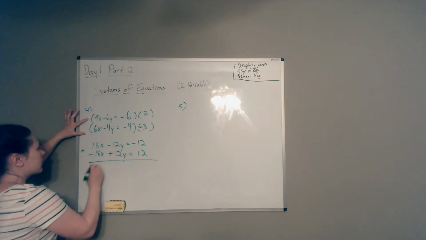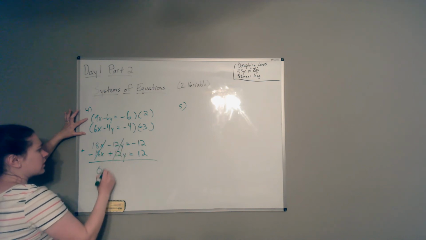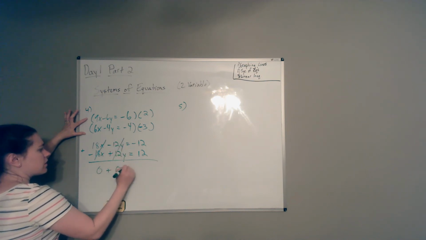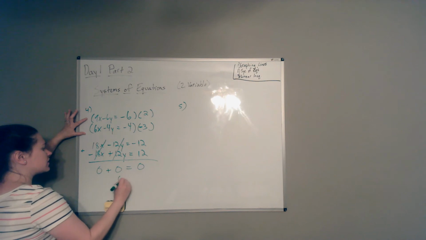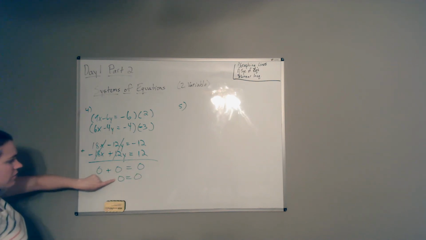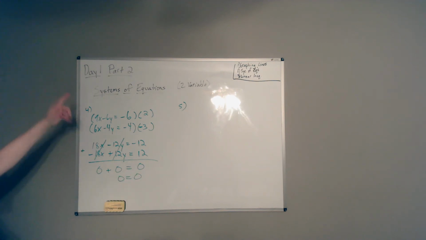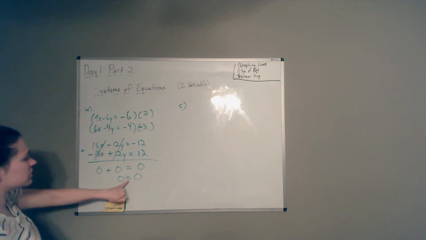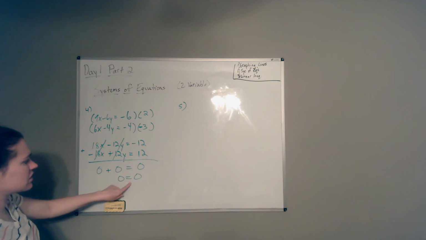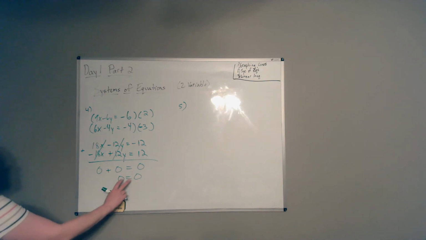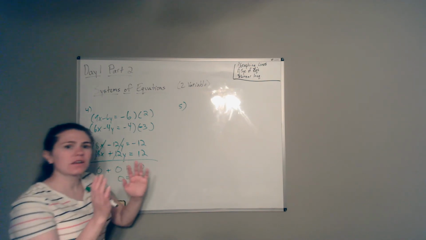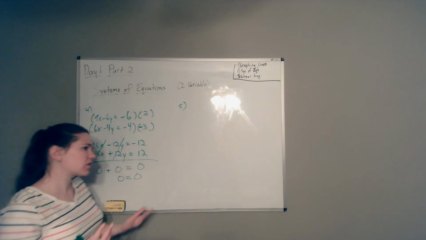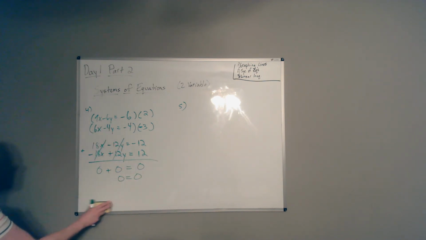Add them together. You get 0 plus 0 equals 0. You get 0 equals 0. We talked about this in part 1. When your variables cancel out and you're left with 0 equals 0, or a constant equals the same exact constant, this is saying no matter what you plug in for x comma y, it's going to be true, but it has to be a point on the line.